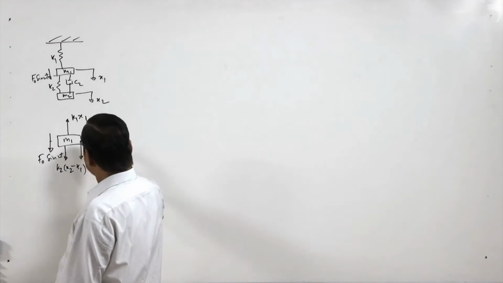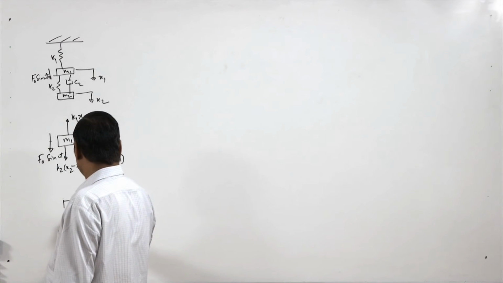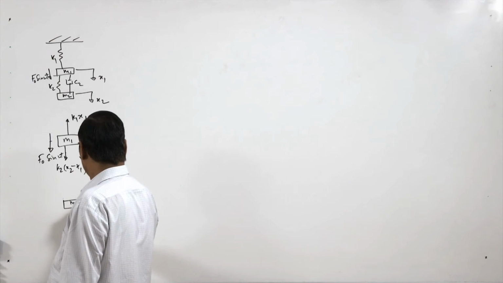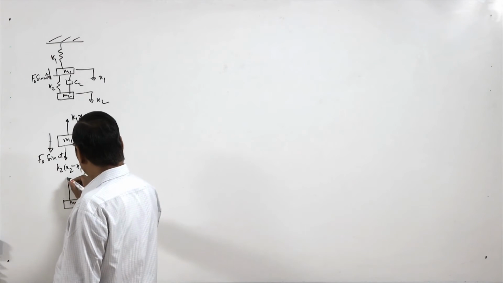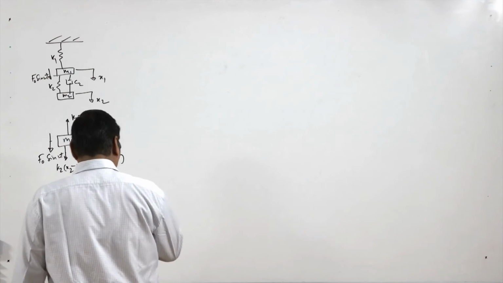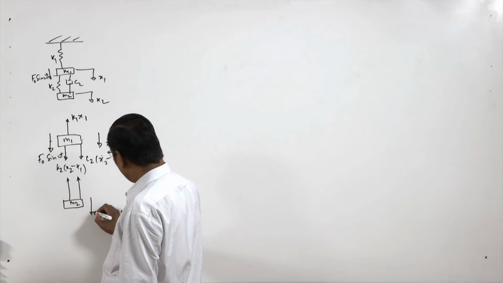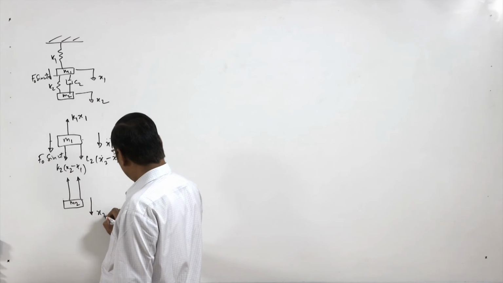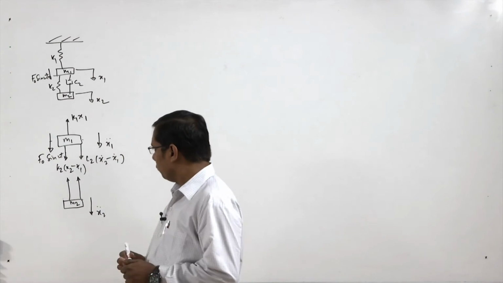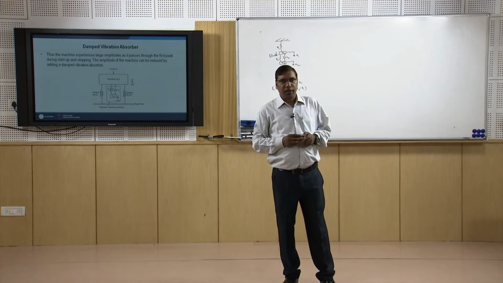Now for m2 we can have the same forces but in the opposite direction, the k2 due to the spring k2 and damper c2, and this is the direction of x2 double dot. So we have made the free body diagram.